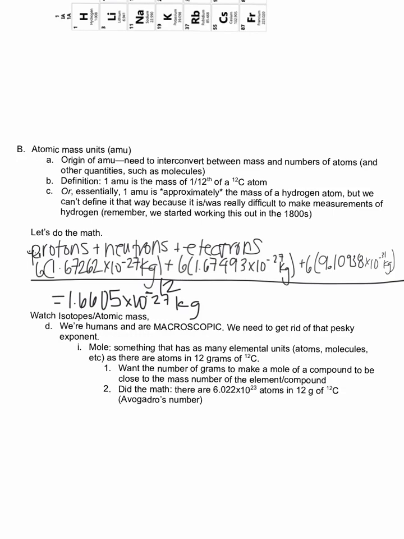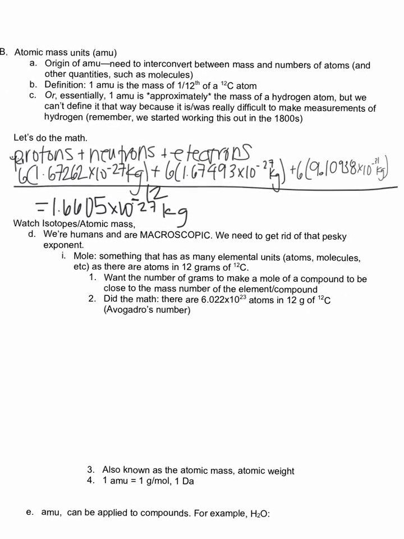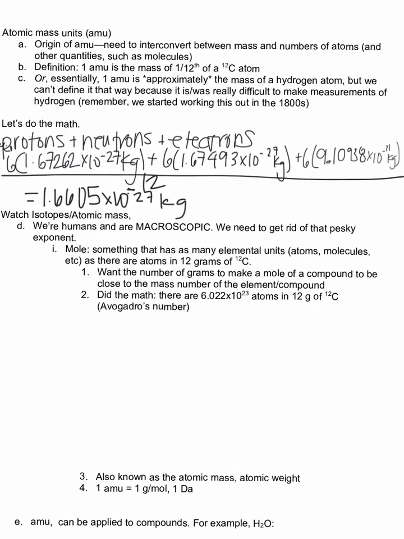So the way we came to define a mole, also conveniently using the carbon-12 atom, was to say that if the atomic mass of carbon-12 is 12 AMU, a mole is the amount of carbon-12 atoms that exist in 12 grams of carbon-12.